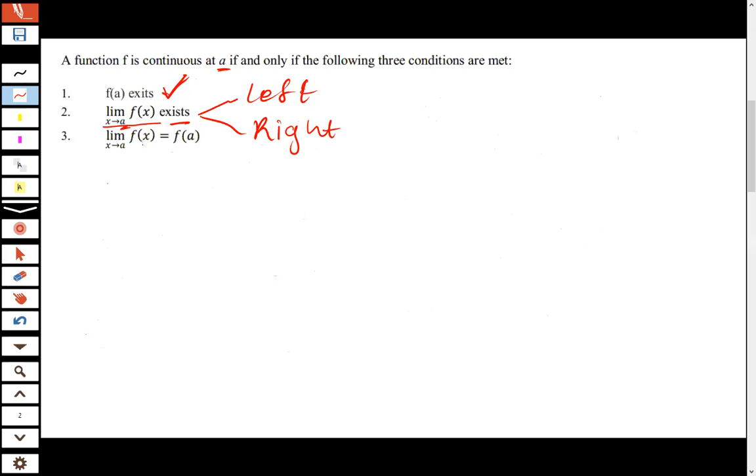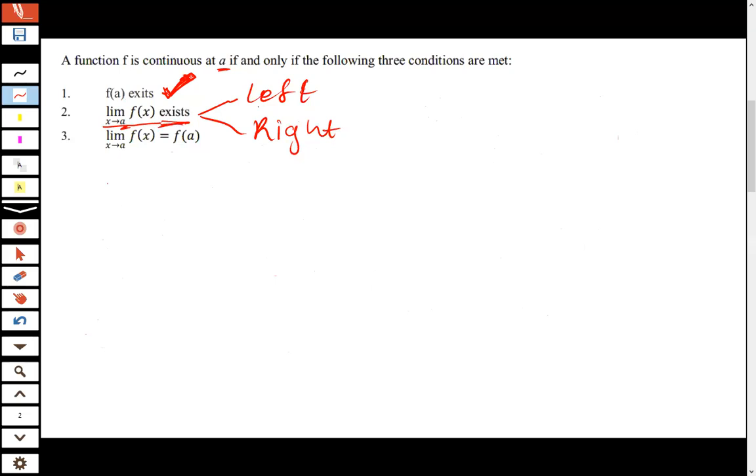That's what it means. So the most important steps are the first step, where you check whether f of a exists by replacing a in the given function. And then the second step, where you figure out whether the limit of f of x as x is approaching a exists.